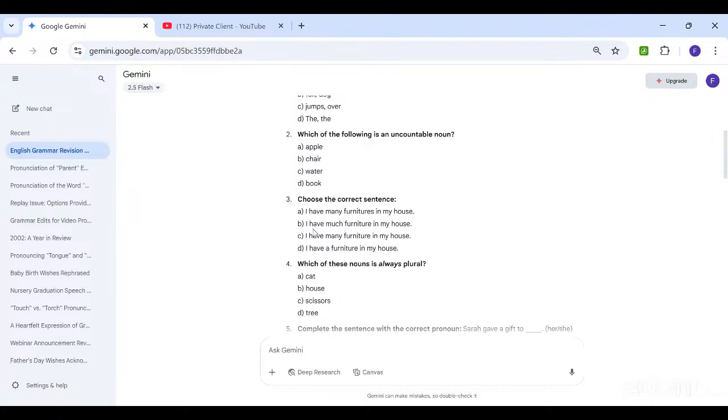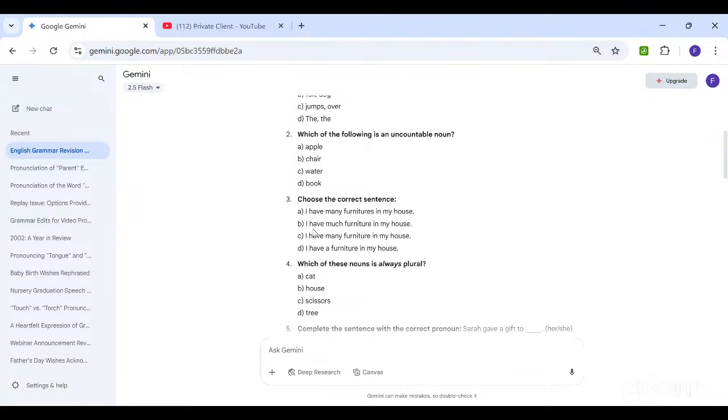Number one, furniture cannot take S. That is the first thing we must know. Now let's differentiate between much and many. These two are used to determine how much or how many things we have. Normally, much is used for uncountable nouns, so I would say, I need much sugar.